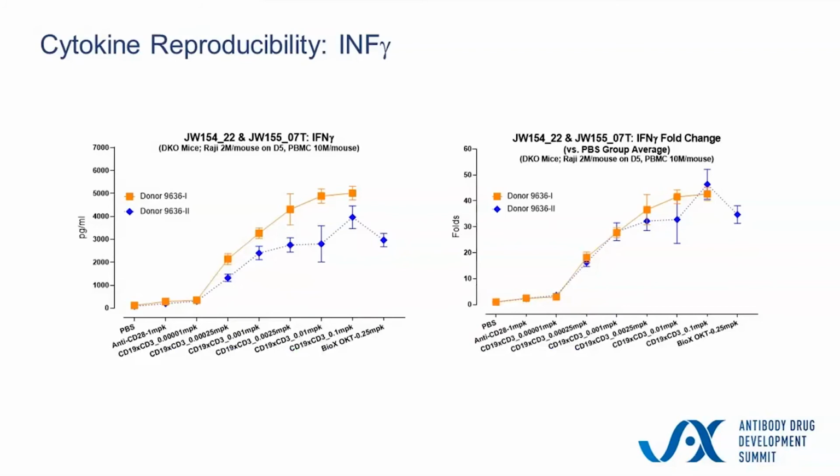And you can see once again picograms per mil on the left-hand side. Not exactly the same numbers, but the same trend, similar results. If you look at folds over background, you see that many of the dilutions superimpose on top of each other. So we like to think this platform has good reproducibility, even 2 months apart in 2 different experiments.